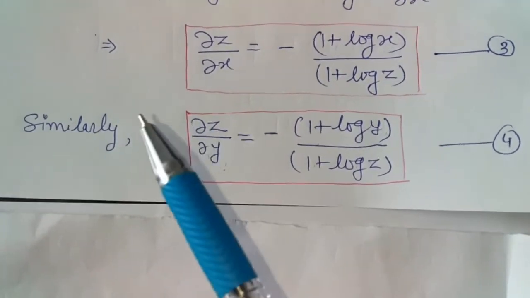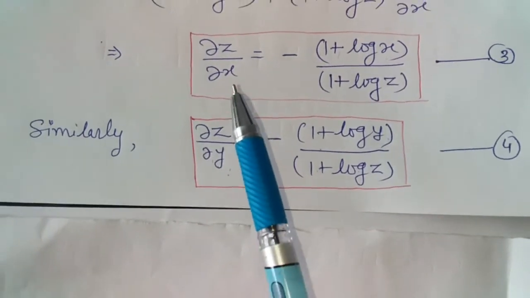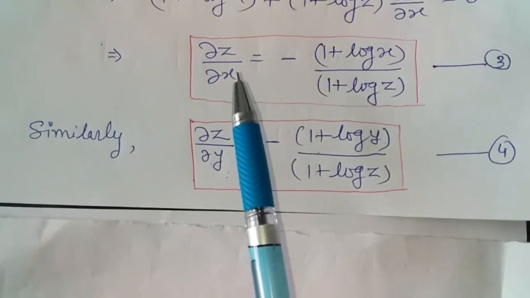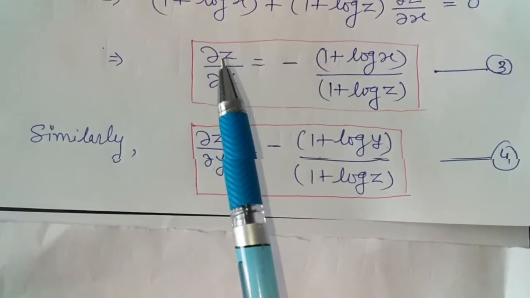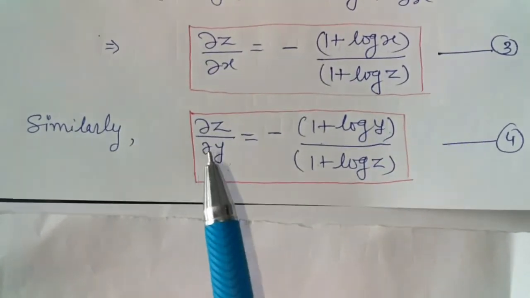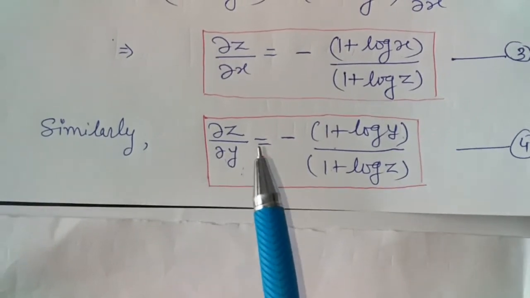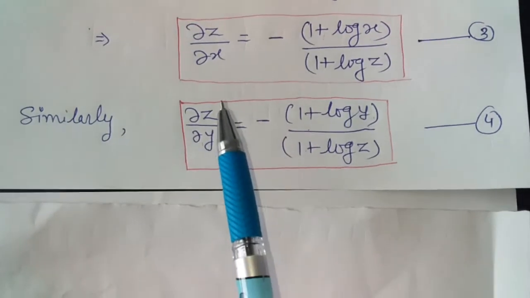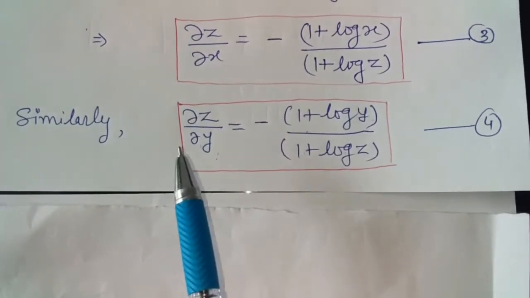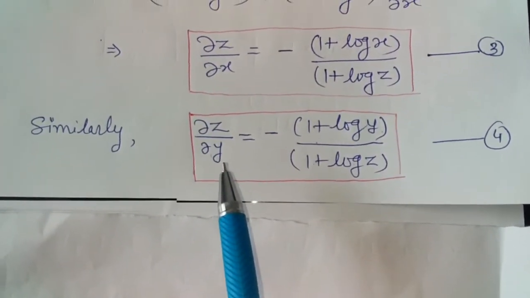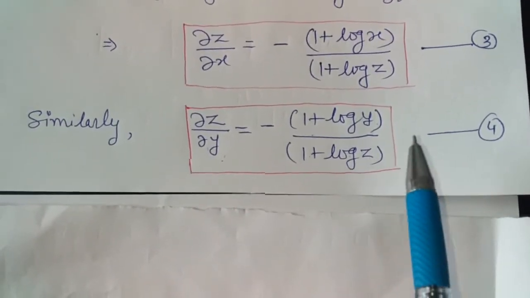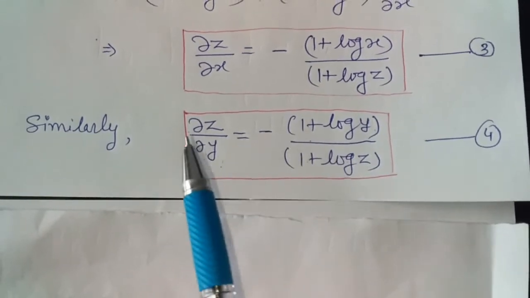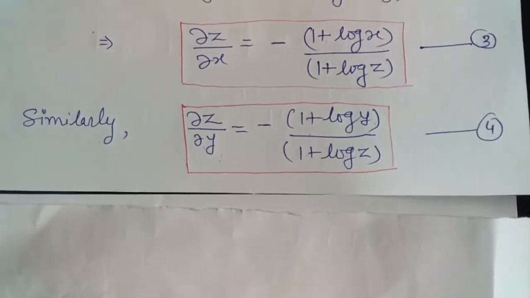So either we can differentiate equation third with respect to y partially, then we get del 2z by del x del y, or we can differentiate equation 4 with respect to x partially, then we get del 2z by del x del y. So in this question we differentiate equation 4 with respect to x.